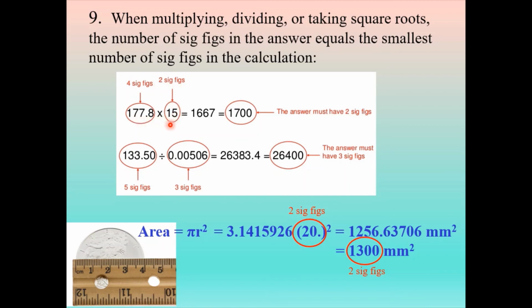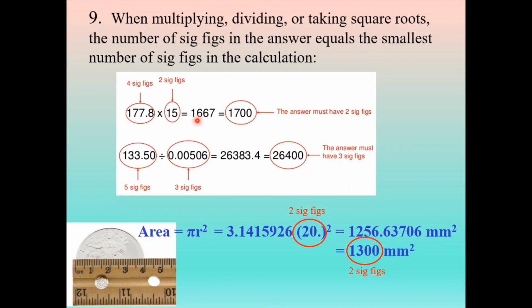So we do this on our calculator, right? And we get the number 1,667. But according to this rule, we have to use the smallest number of sig figs here, which is 2, and this number would be rounded to 1,700, because 1,700 has 2 sig figs.